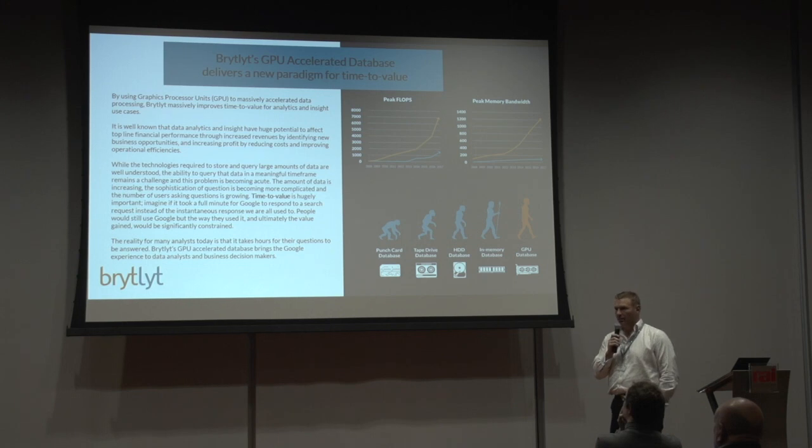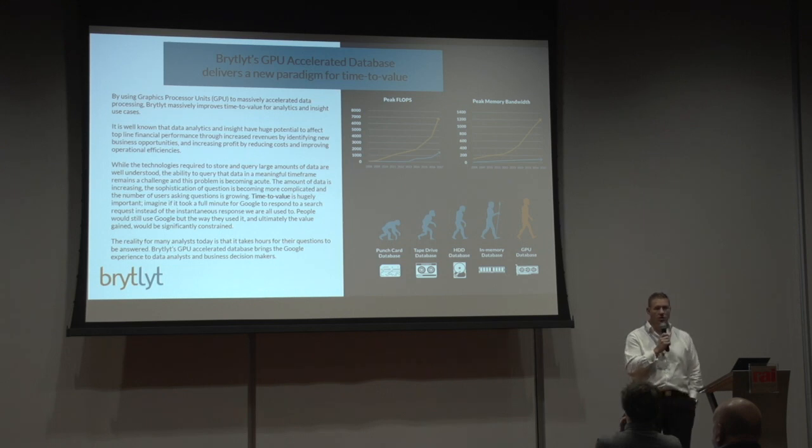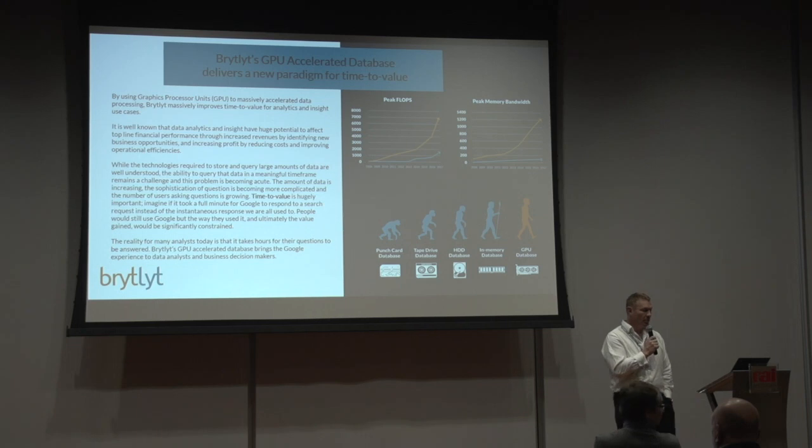A little bit about how that plays into what Brytlyt can do. We're a GPU accelerated database, and it delivers a new paradigm in time to value for users. The two graphs there are performance and memory bandwidth. The orange lines are GPU compared to CPU performance over time.